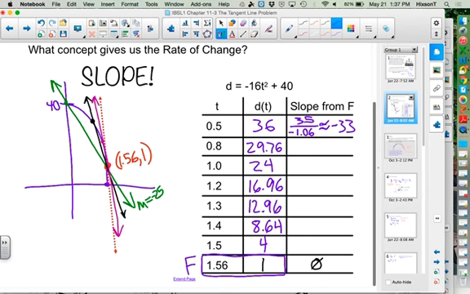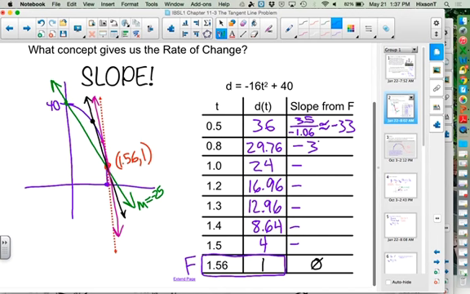Notice it's falling. It's getting lower. Now, our speed should be increasing in the negative direction. All of these ought to be negative because we're still going down. So at 0.8, what was your slope? Negative 37.84. Negative 41.